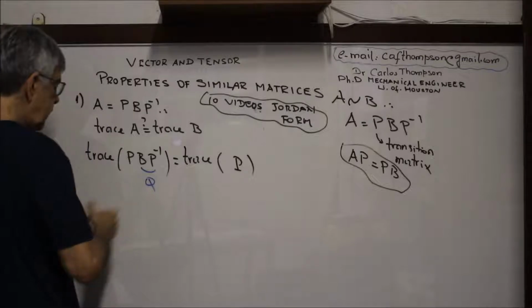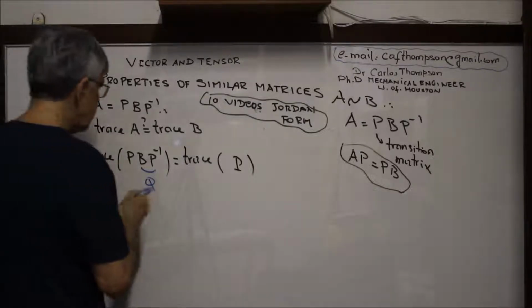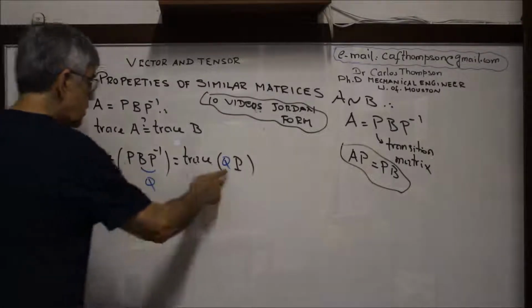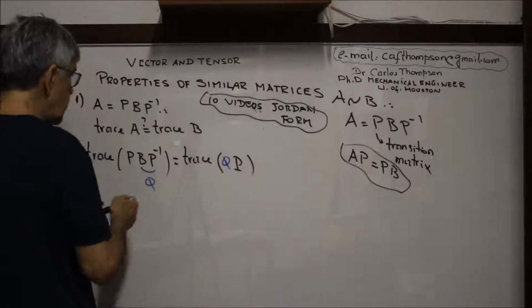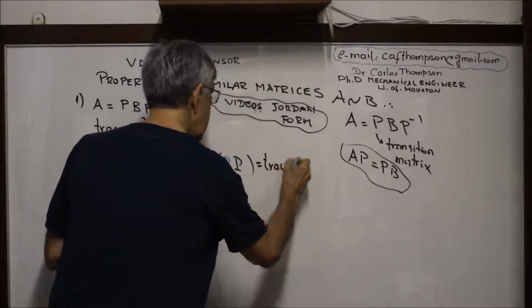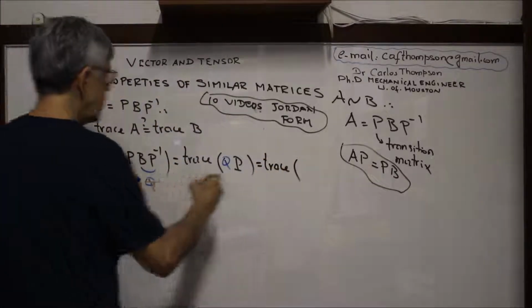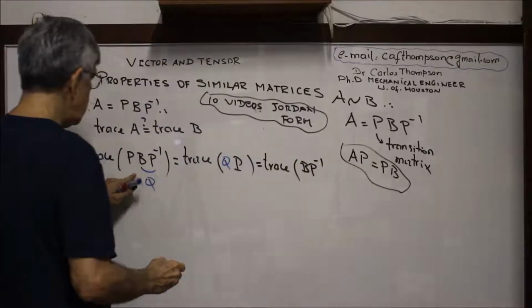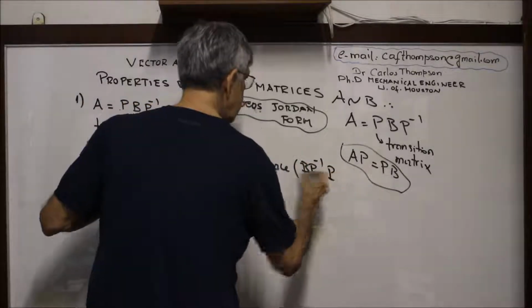You see, trace of PQ is equal to trace of QP. Now, I'll substitute again Q over here. So this is equal to trace of, what is Q? Q is B P minus 1. That's Q times P. See?